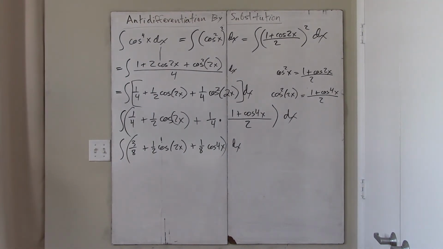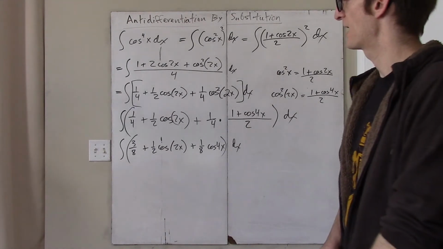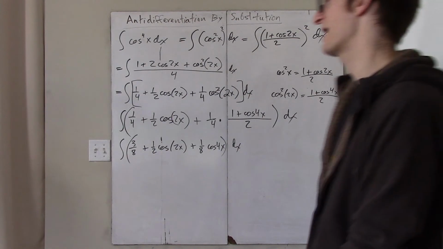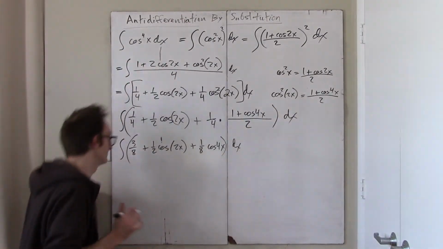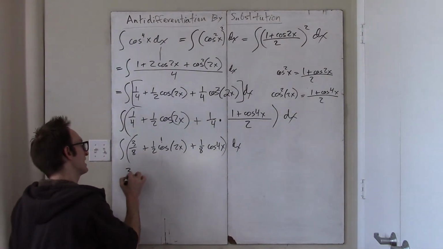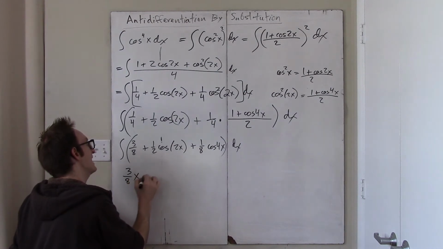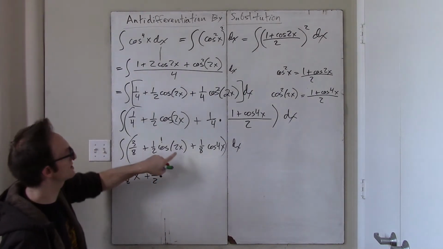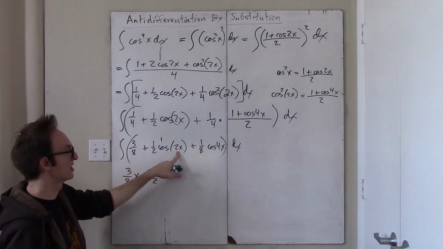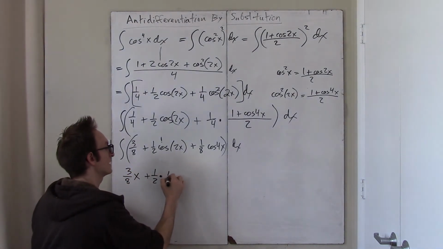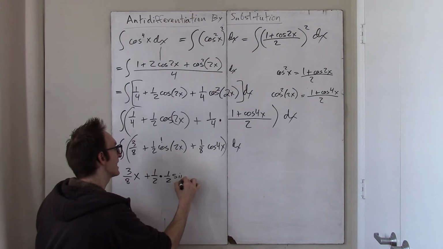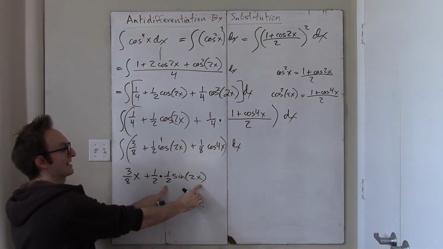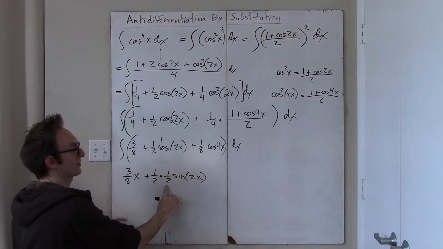Now, these each can be antidifferentiated. I'm going to do it the fast way this time, where I cheat a little bit and just be smart in my head. I'm going to stick that 1/2 here, and the antiderivative of cosine 2x has to be 1/2 sine 2x, because only then when I differentiate do I get cosine 2x back, with the inside 2 canceling the 1/2.